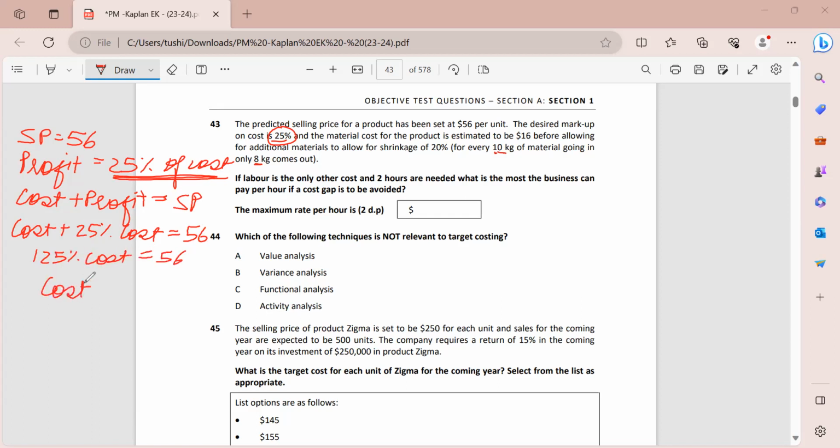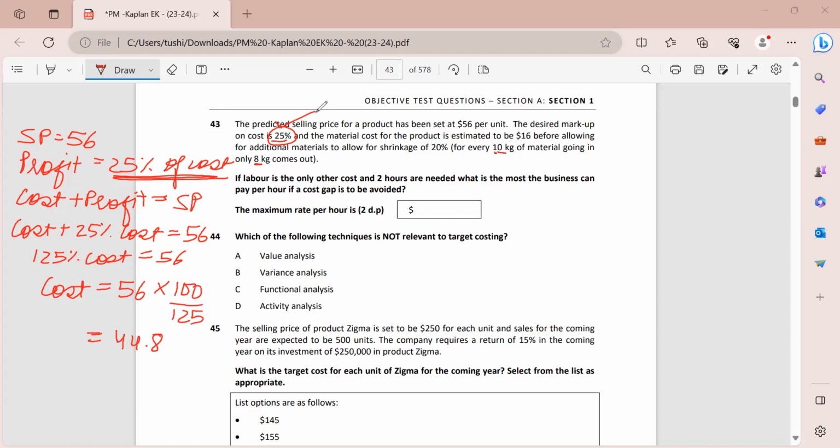So cost comes out to be 56 into 100 divided by 125, which gives you 44.8, and this is your target cost. So if we want to achieve the desired markup of 25% on our cost, $44.8 is the maximum that we can target our cost to be at.